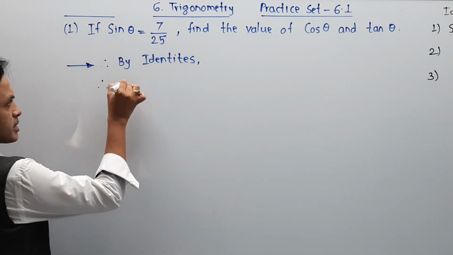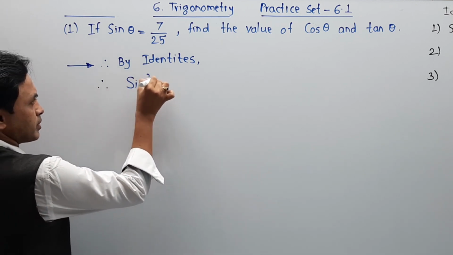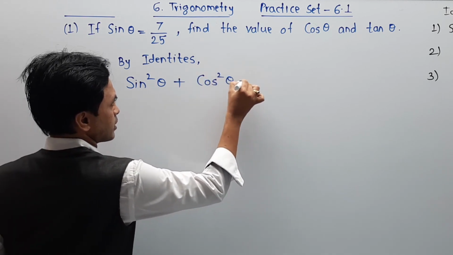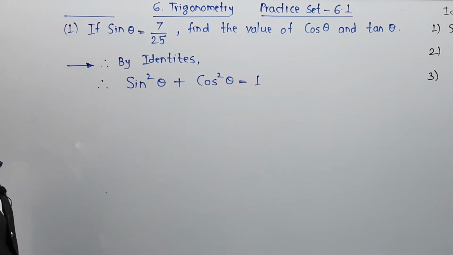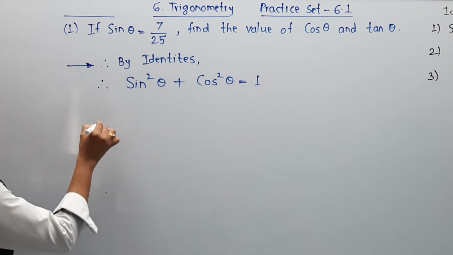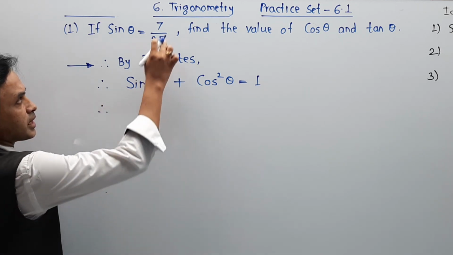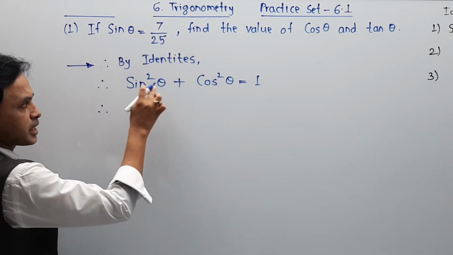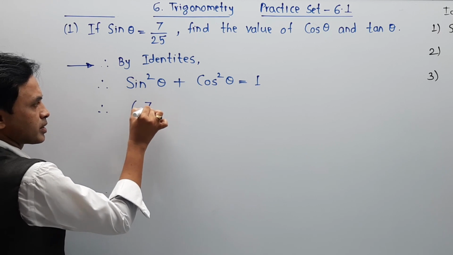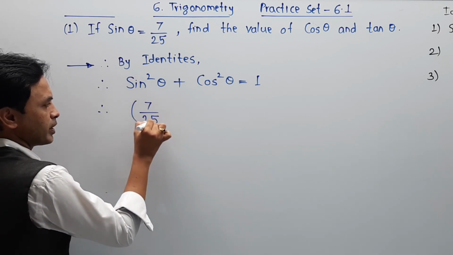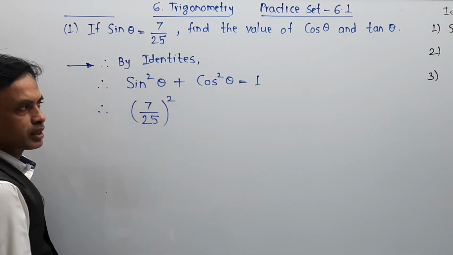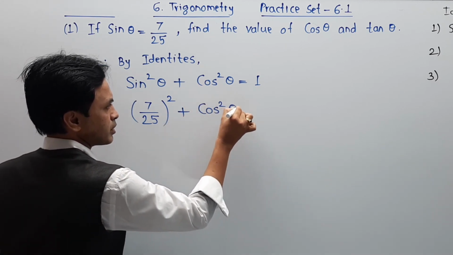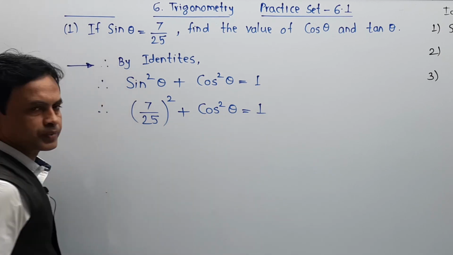Your first identity is sin square theta plus cos square theta is equal to 1. Making use of that for simplification, here sin theta is 7 upon 25. Naturally sin square theta means (7 upon 25) whole square, plus cos square theta is equal to 1.